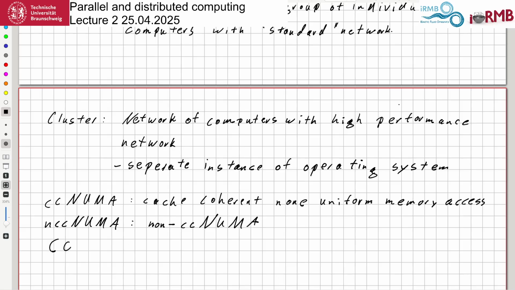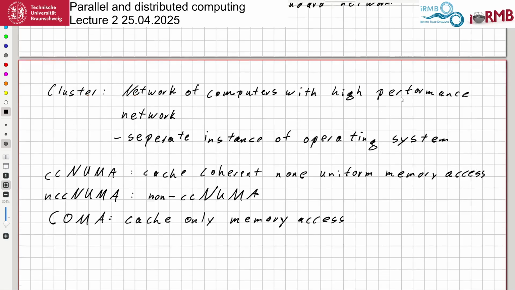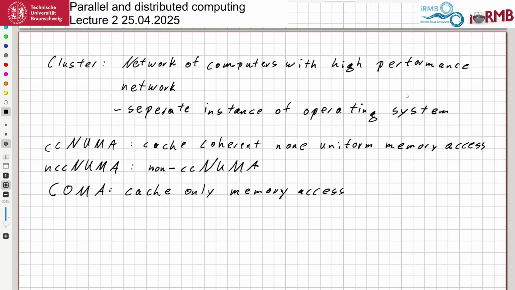And then we have COMA, cache only memory access. It obviously sounds like a disease, right? Okay, COMA, NUMA.